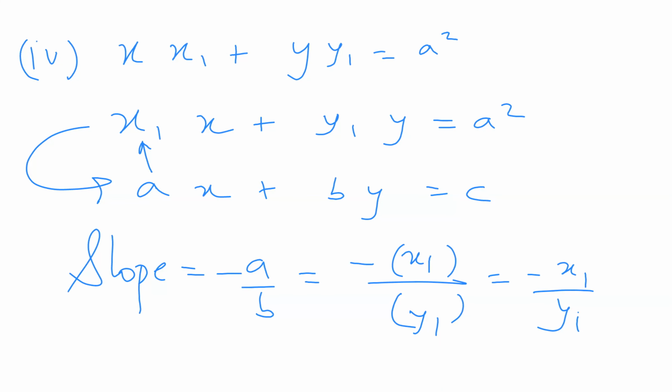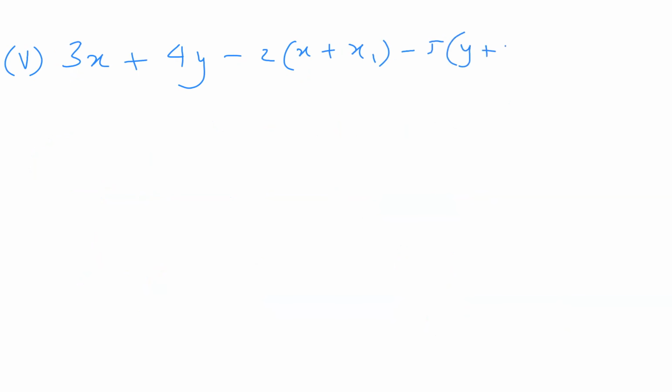Let's go to the fifth sub question. 3x plus 4y minus 2 into x plus x1 minus 5 into y plus y1 plus 2 is equal to 0.